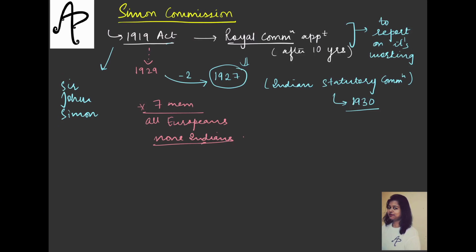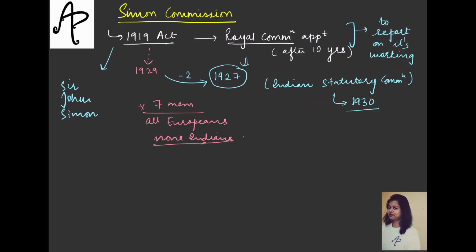Now here the problem was, of course, a very legit and genuine thing. If you are naming a commission as an Indian Statutory Commission, which has to report on the working of an act in India, you have to see if things are happening good or not in India, you have to take care of Indian people, you have to suggest recommendations for the Indian people.